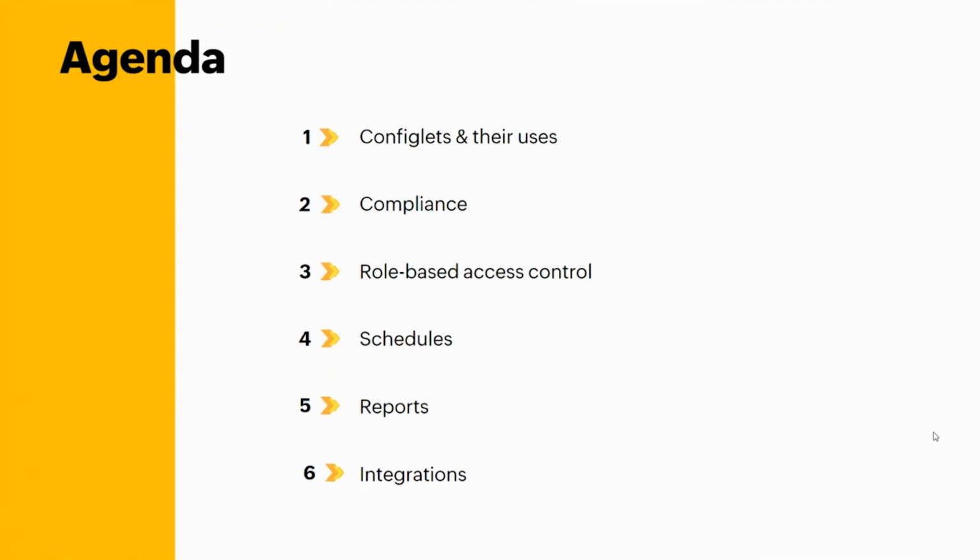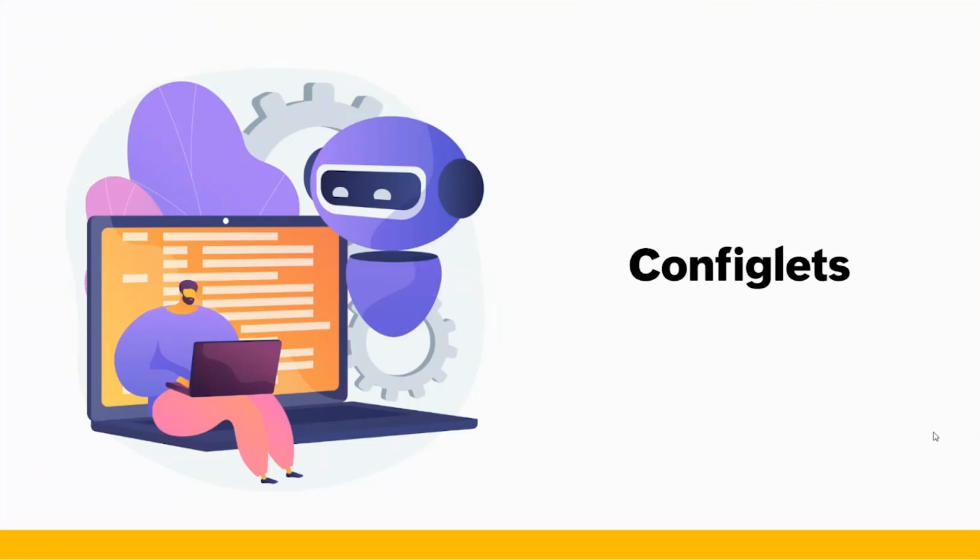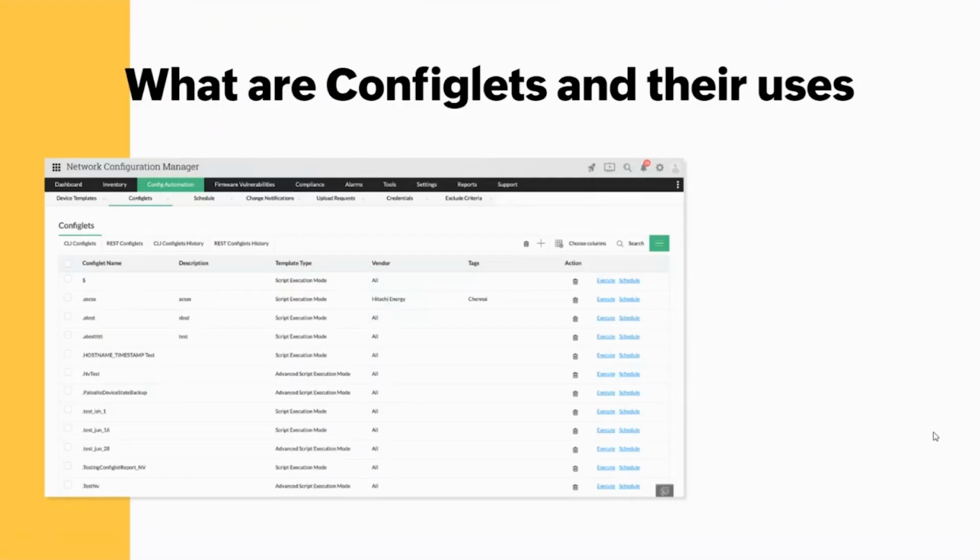So moving on to the first topic for today's training session, which is configlets. So what are configlets and their uses? Having a large number of network devices, it will be difficult to perform a configuration change by logging in to each device individually, as it requires more time to complete.